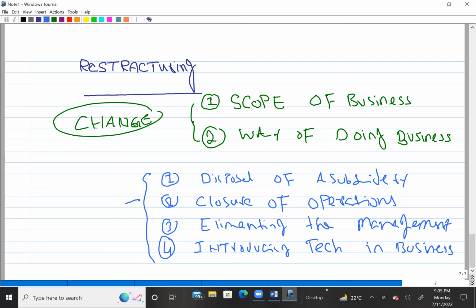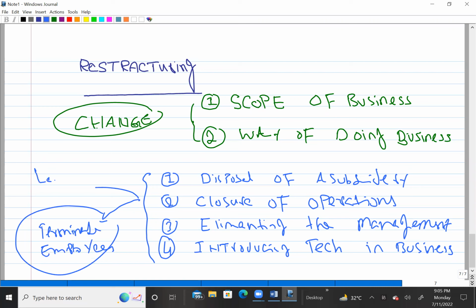And whenever these things take place, we have to terminate the employees. The employees will be terminated. There will be some unavoidable legal costs, because when we are going to close a business, when we are going to sell that subsidiary, obviously unavoidable legal costs will be involved. So these things are known as restructuring.